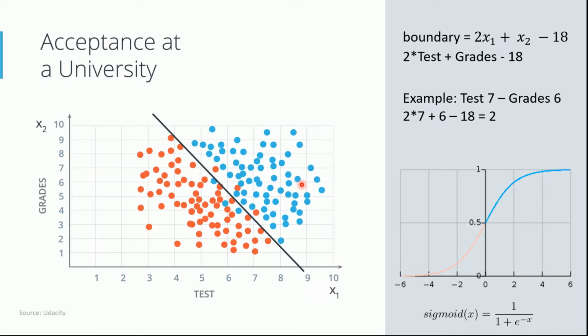This is where the sigmoid activation function comes into play. What the sigmoid activation function does is take scores and turn them into probabilities. Why is that? You see that the sigmoid activation function given here can take any number, negative to positive, and will produce a result between 0 and 1.